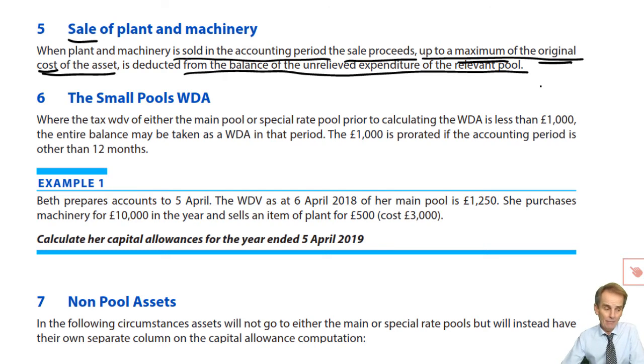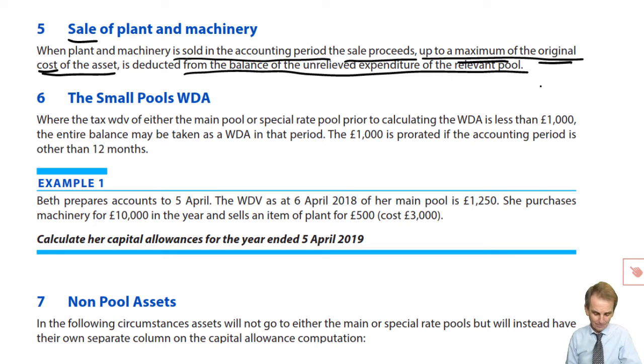If you did have the very strange situation, in reality, but examiners don't always have to reflect reality, they like to put a challenge your way every now and again. If we had a situation where we'd bought for £10,000 and sold for £11,000, it is £10,000, the original cost, not the higher figure of the sales proceeds, that would then be deducted in determining the balance on our pool upon which to compute any available WDA.